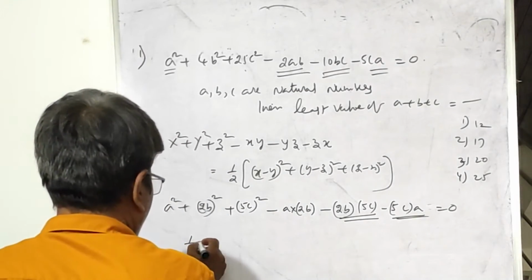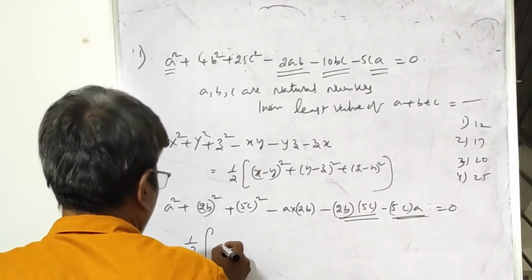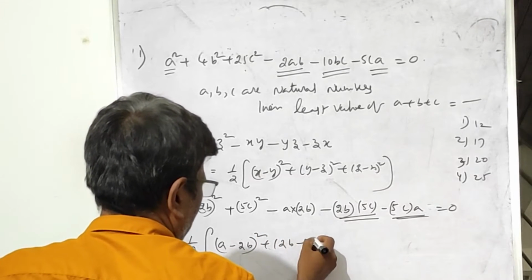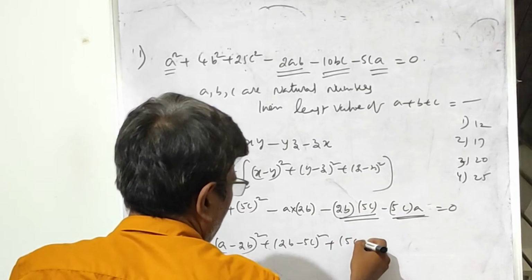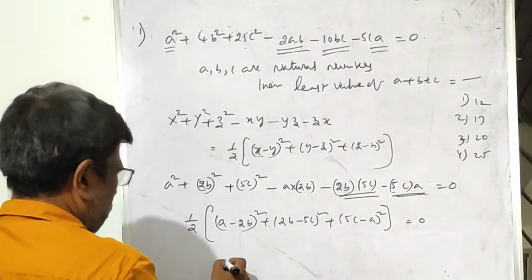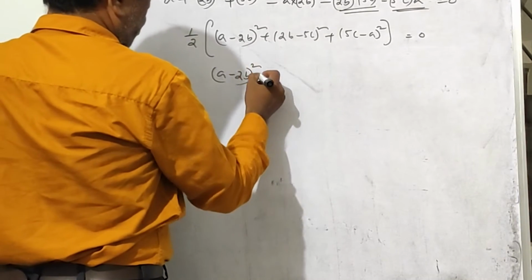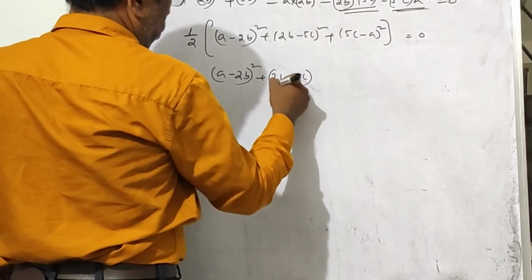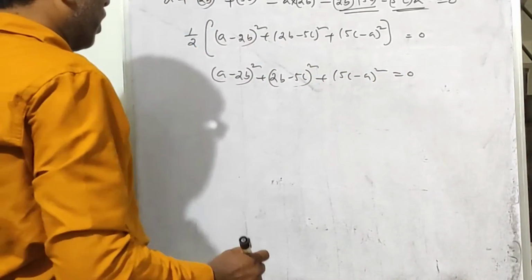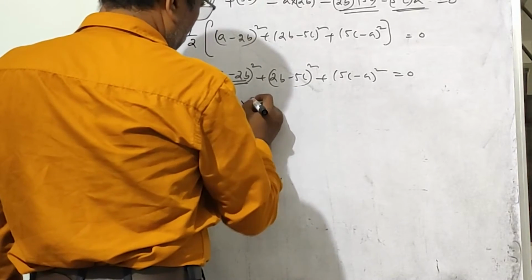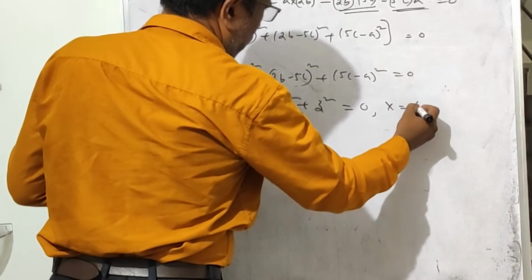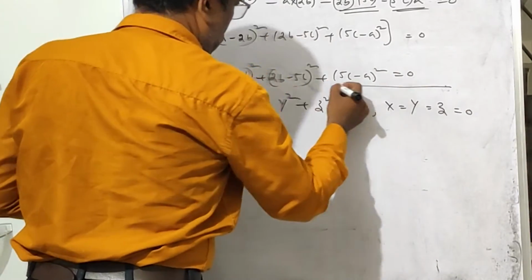This is nothing but half into (a minus 2b) whole square plus (2b minus 5c) whole square plus (5c minus a) whole square equals 0. Again, this is (a minus 2b) whole square plus (2b minus 5c) whole square plus (5c minus a) whole square equals 0. Compare with x square plus y square plus z square equals 0, where the condition is x equals y equals z equals 0.